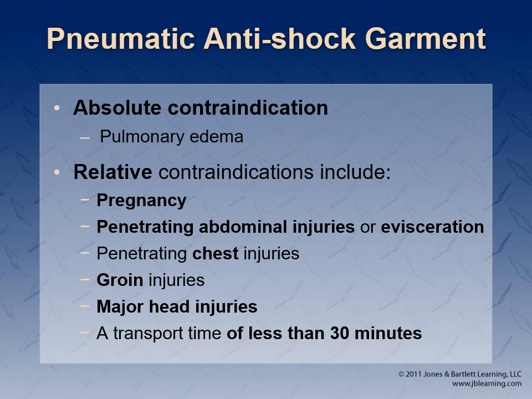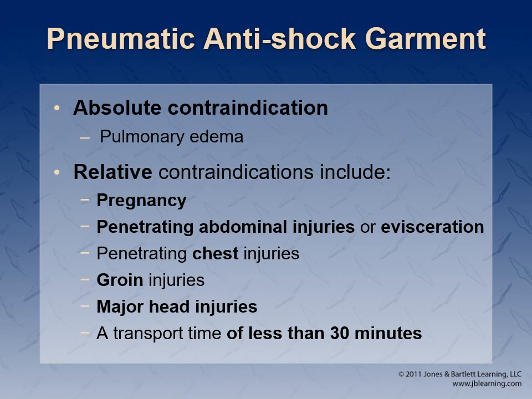Ever since they made them, it's always been an absolute contraindication is pulmonary edema, because there were people who had low blood pressures, but another way to say pulmonary edema is cardiogenic shock. That's where they're going. All right, these are bad for cardiogenic shock.